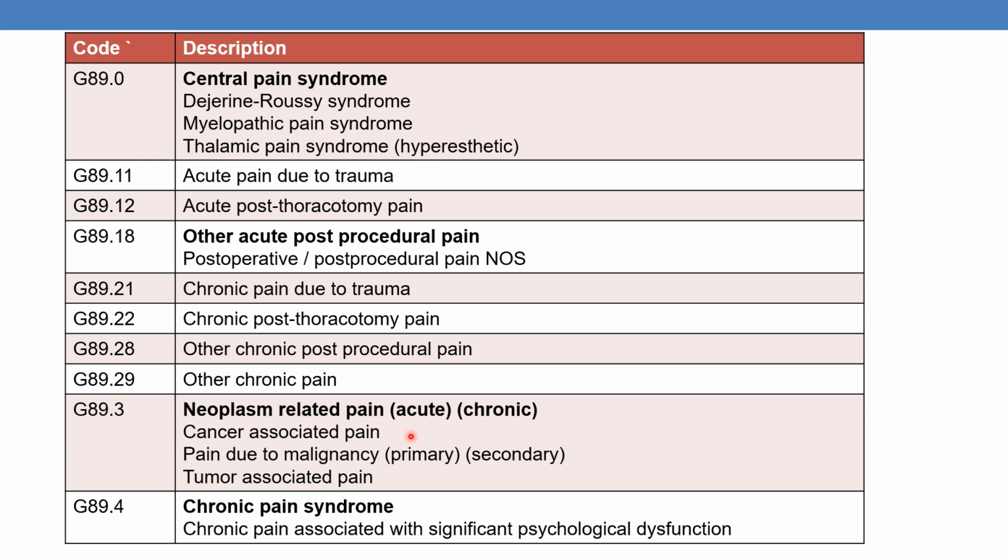Cancer associated pain, pain due to malignancy, it can be primary or secondary, and tumor associated pain. Whenever the physician documents any of these terms, you need to code G89.3. And finally, G89.4 for chronic pain syndrome. Chronic pain associated with significant psychological dysfunction. By this, we complete the coding guidelines of Chapter 6.